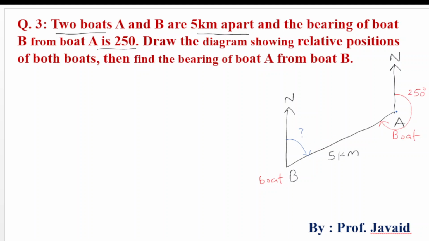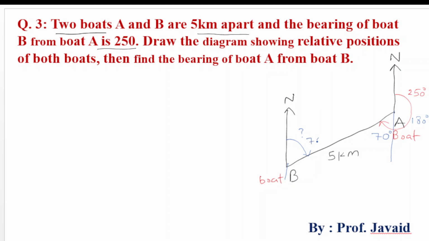So how much is that? Let's see, all of you. If I extend this line like this, the total angle is 250. We know that on a straight line the angle is 180. So what angle is remaining here? The remaining here is 70 degrees. If I extend this line, the alternate angles must be equal.